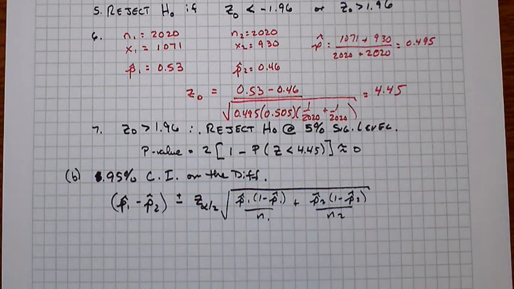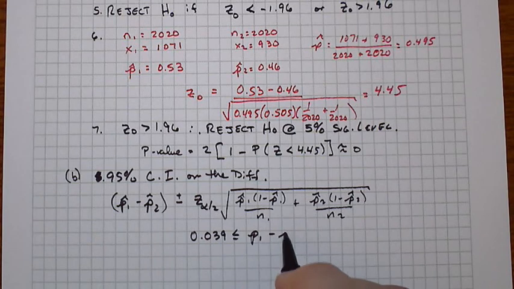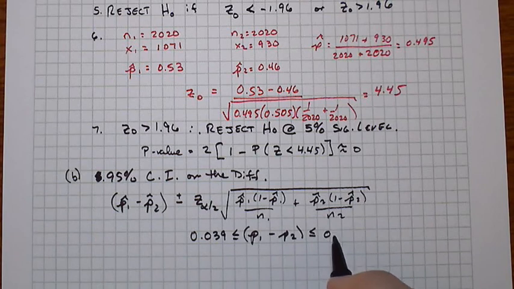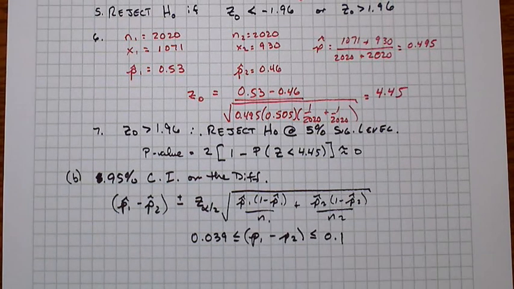When we do all that, we end up with 0.039 less than or equal to p1 minus p2 less than or equal to about 0.1. And so that interval does not contain 0.